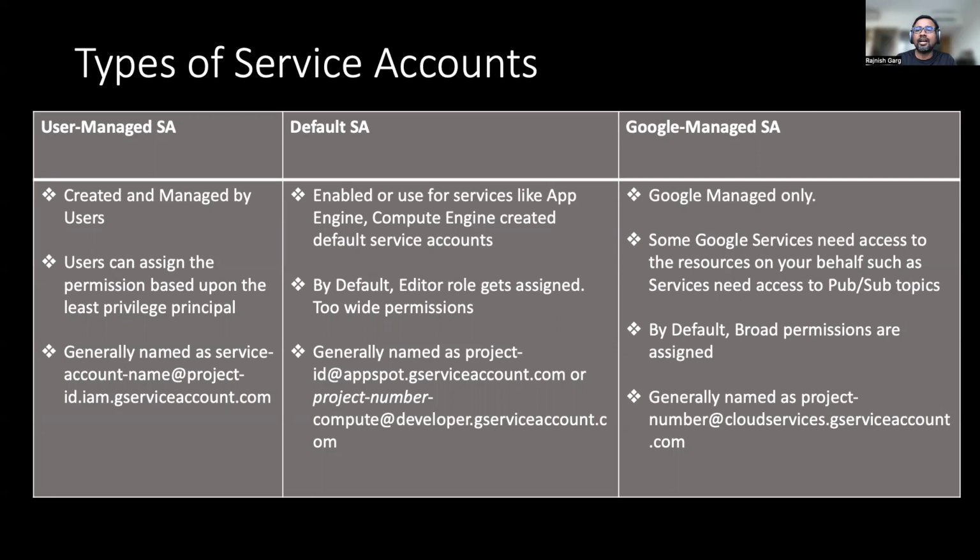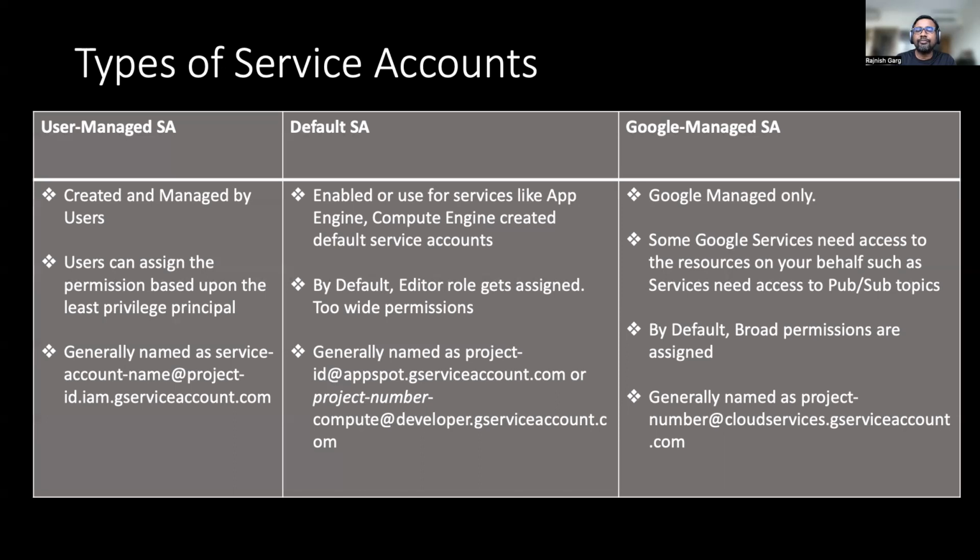Depending upon the kind of resources your machine or application wants to access, you will be assigning the appropriate permissions, and you can easily work upon the least privilege principle. Typically, these service accounts are named as service-account-name@project-id.iam.gserviceaccount.com. So you can name your service account whatever you like.